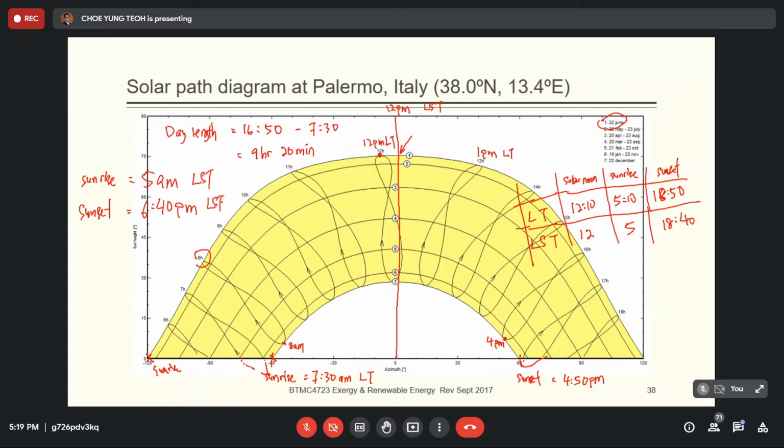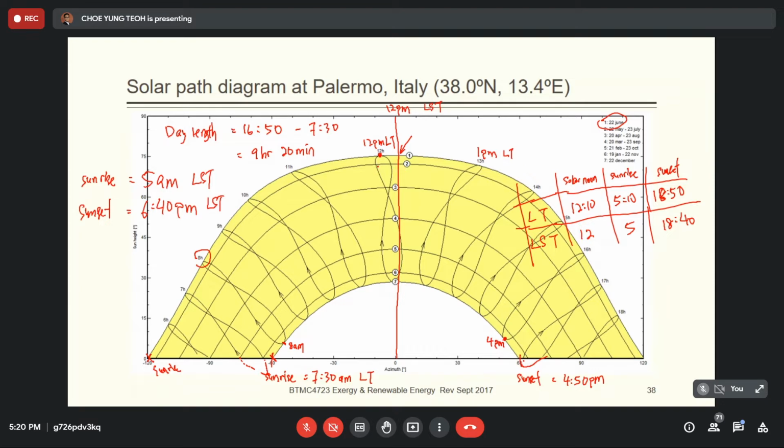The only thing we can make the comparison is on the solar noon. But remember that, let's say now the difference between local time and local solar time is 10 minutes for 22nd of June. But you cannot apply this for the entire year. It will be different every day. You can see that if you go to line 2, then the difference will be much different.